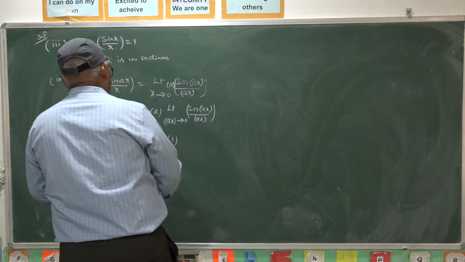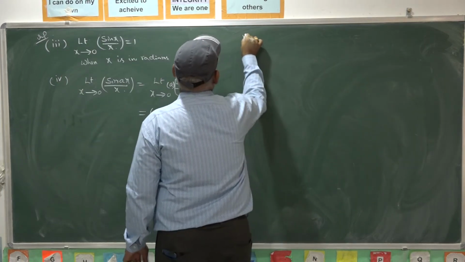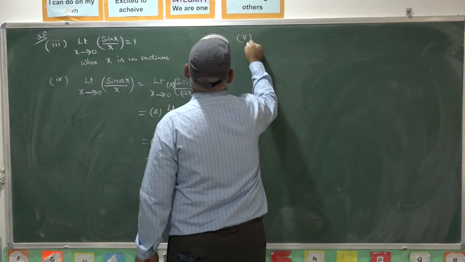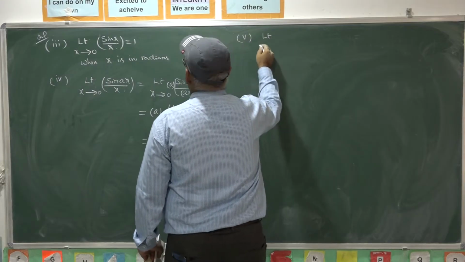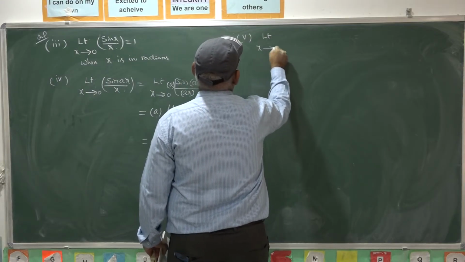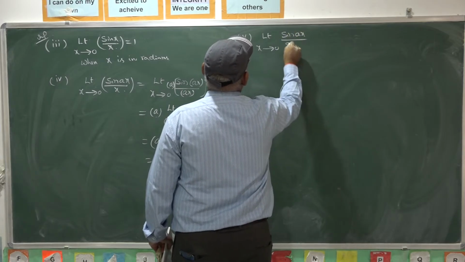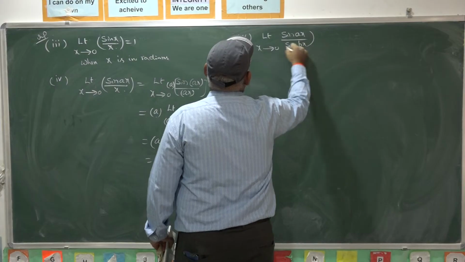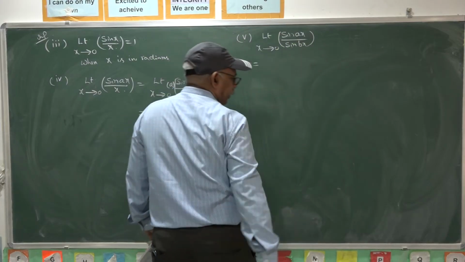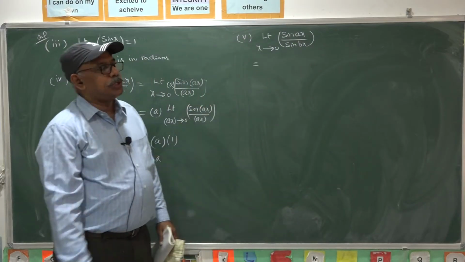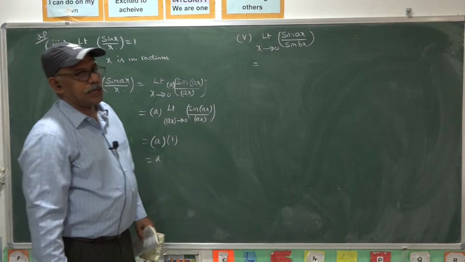Again, based on the same formula, one more formula is the fifth one: limit as x goes to 0, sin ax by sin bx.